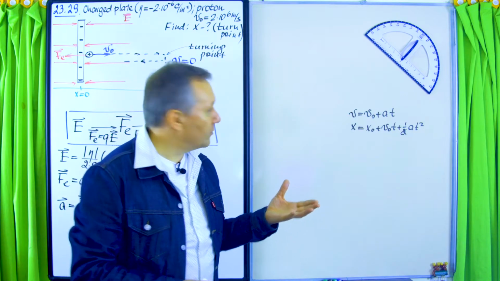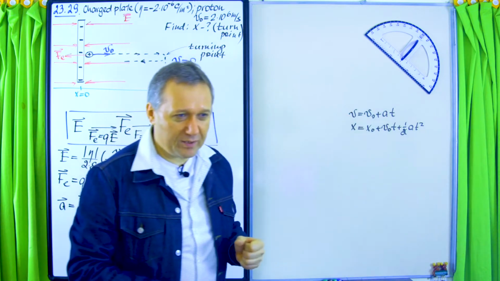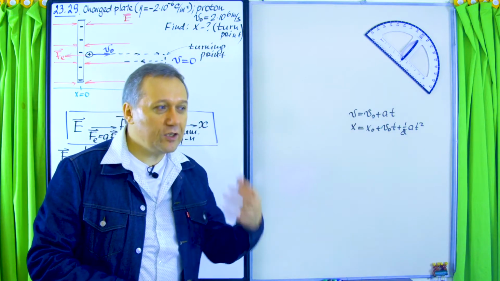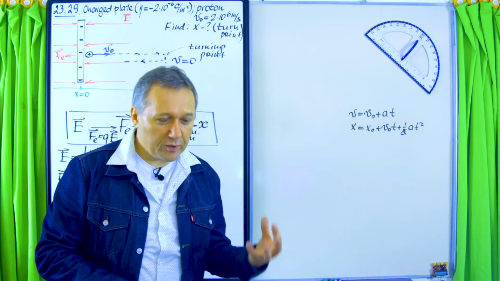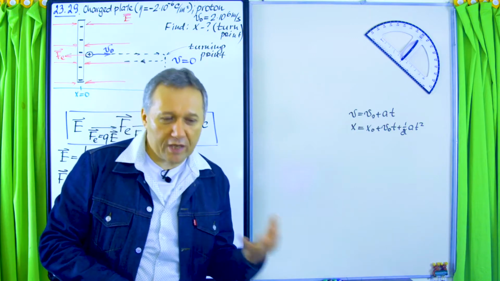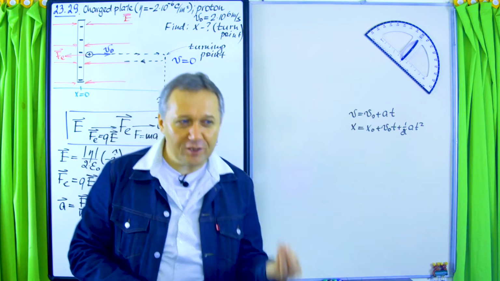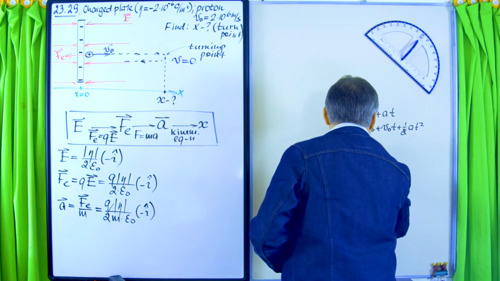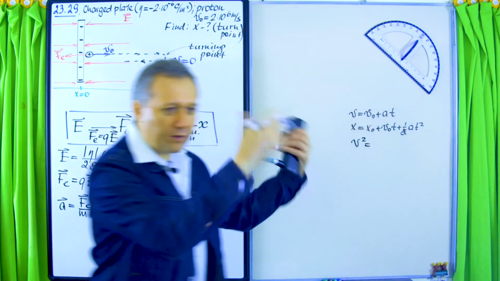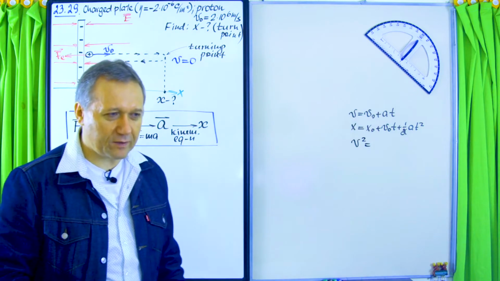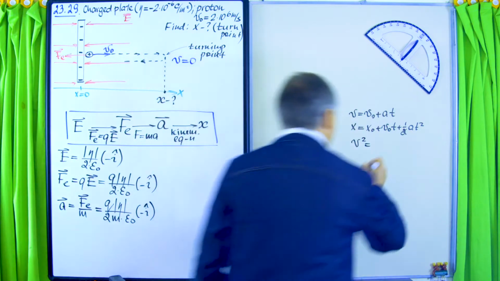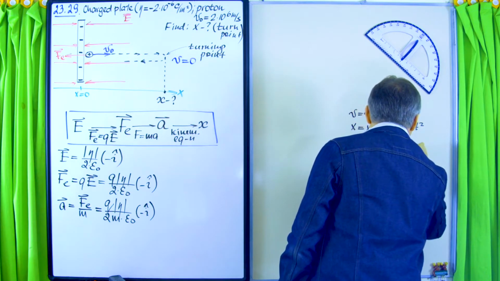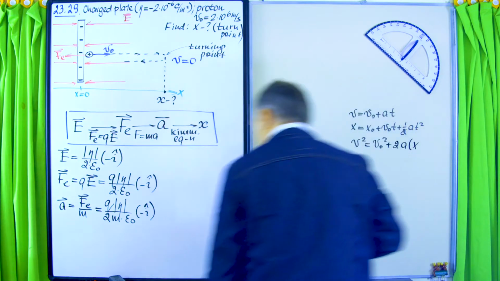So people just combine these equations immediately, eliminate t, time, and introduce the third equation, which I usually call the no time equation, because that's the major feature of that kinematic equation. So the no time equation looks like this: v squared, basically the velocity in the future of the system, equals v naught squared plus 2a times delta x.